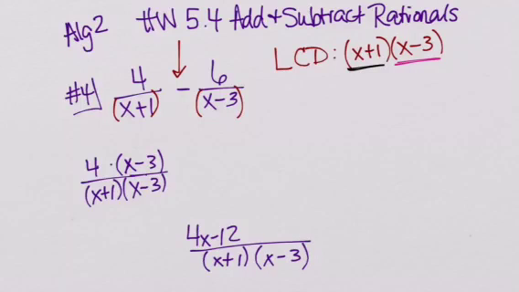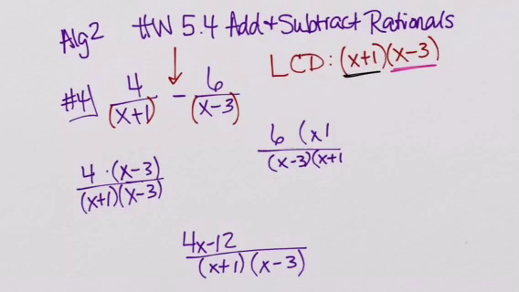Now, let's take the second fraction here. It's a 6 over x minus 3, and I know that he needs the x plus 1. Okay? And so when I multiply out his top, he is 6x plus 6 all over the same denominator, right? This is where you need to be careful.